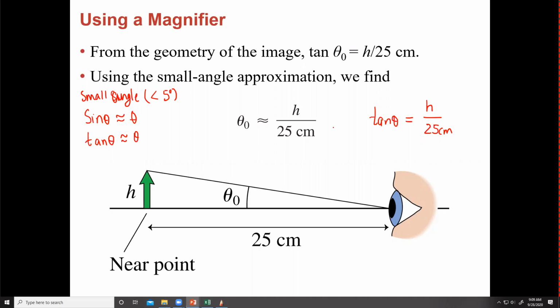So we can write this as that. This is the maximum angular size that we can see with unaided eyes, without any glasses or anything, for normal eyes.